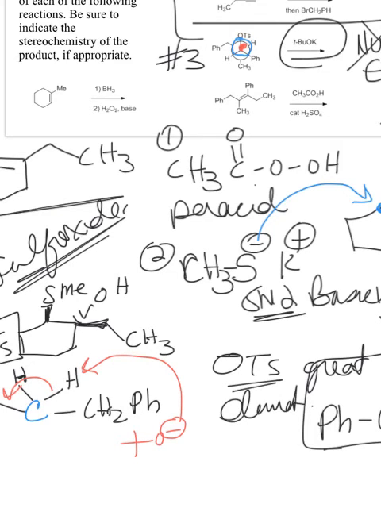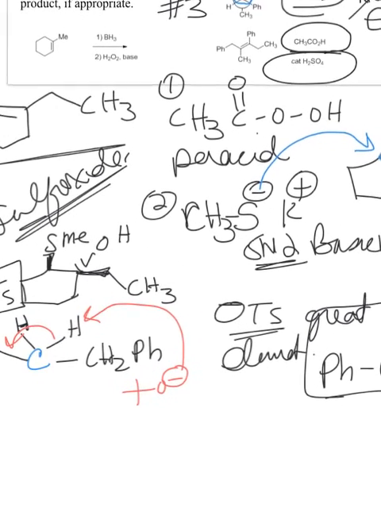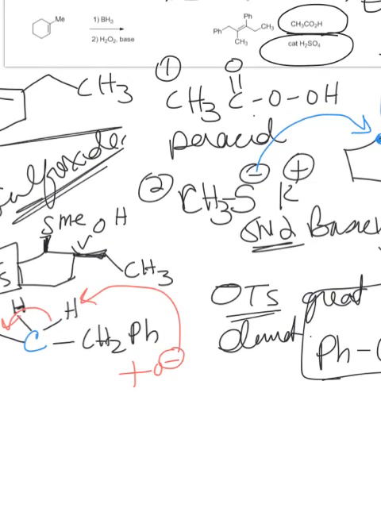Number 4, this is not a peroxide. See, it's just acetic acid and sulfuric acid. So what's going to happen? You are basically going to add an acid. I want to say this is the Pinnacle. Let's see, chapter 8.